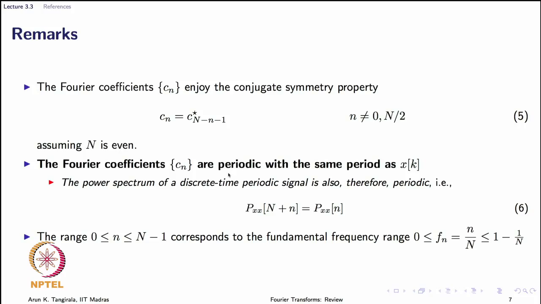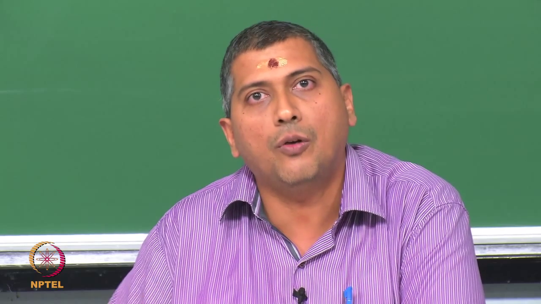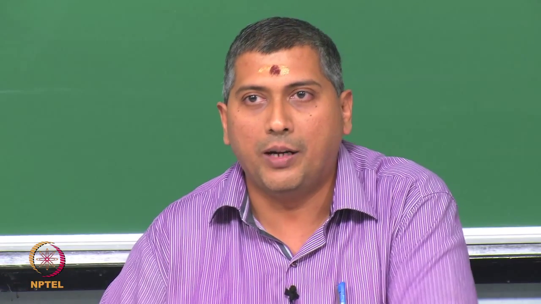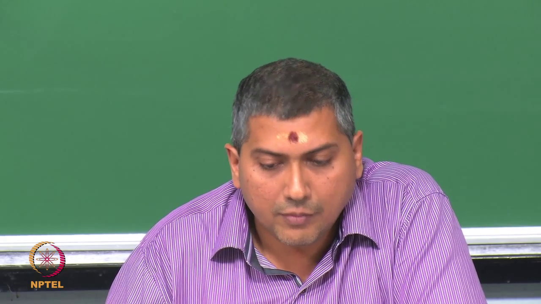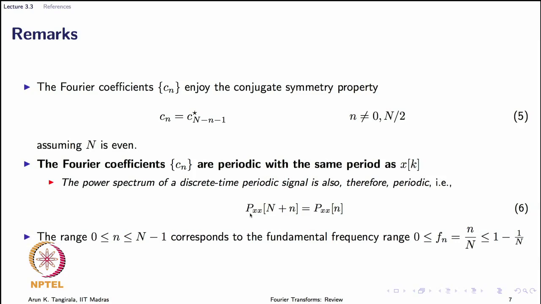And very importantly, the Fourier coefficients are periodic with the same period as the signal, all right, which means the power spectrum in fact repeats itself. That again is a consequence of this aliasing property of the discrete time exponentials. All right. So the power spectrum also enjoys the same periodicity property as the signal.